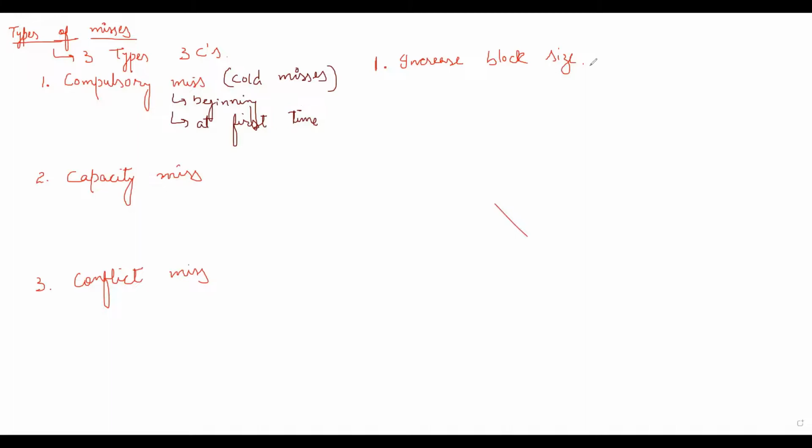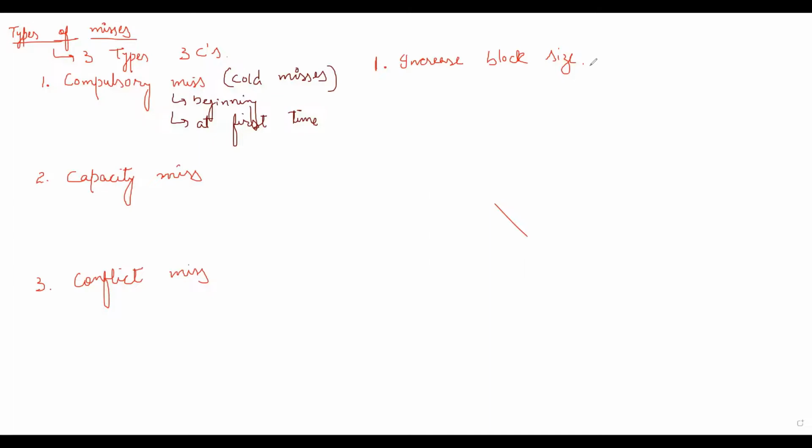If my block size is largest, all those 100 bytes will be in a single block. So if I am accessing the first byte, I will bring that block into the cache. And if I need the second, third, fourth byte, because of the first block, they will already be there in the cache. So I won't be having the compulsory misses for the next bytes.